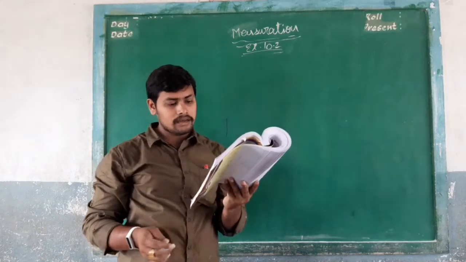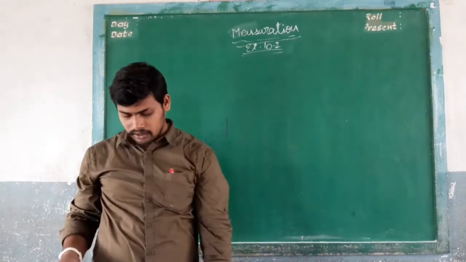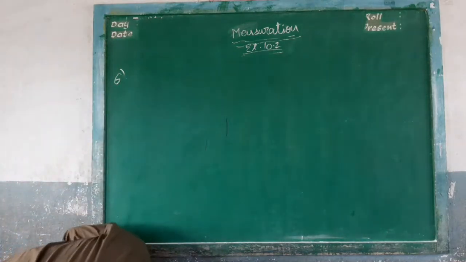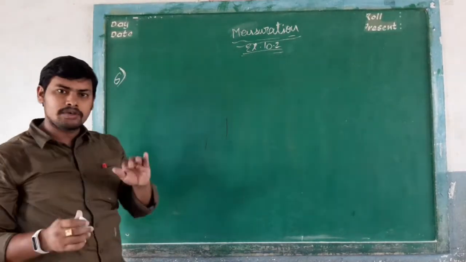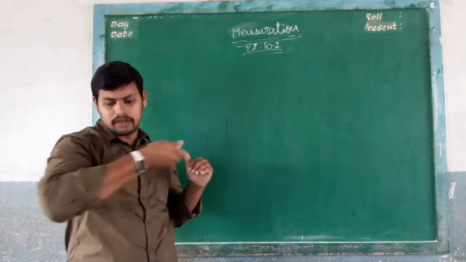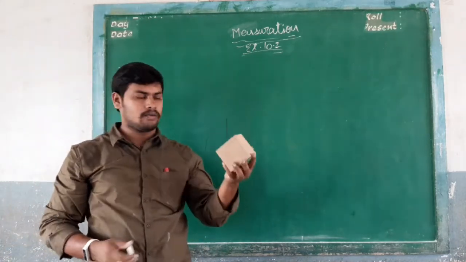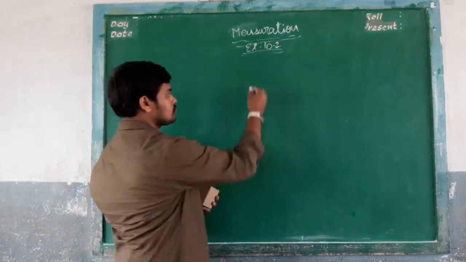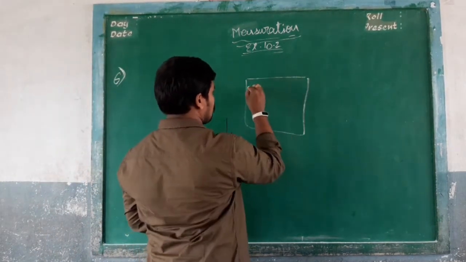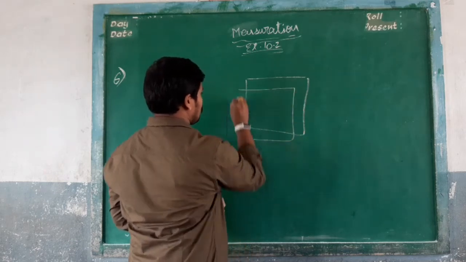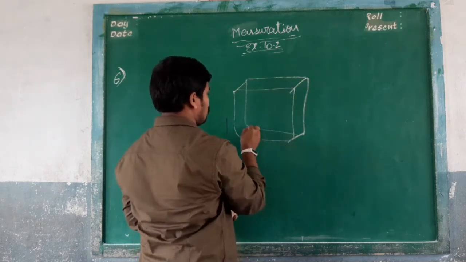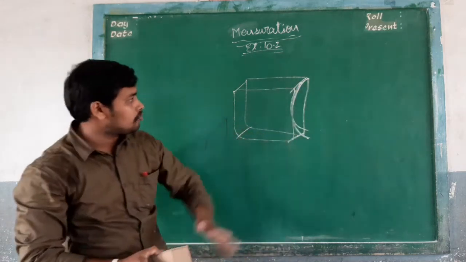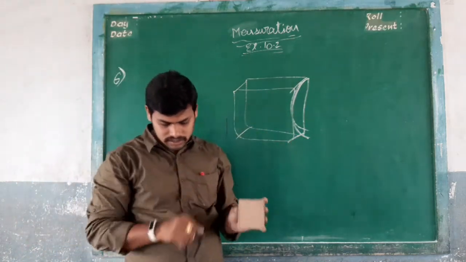A hemisphere is cut from one face of a cubical box. A hemisphere is cut like this. So a hemisphere is cut from this side.